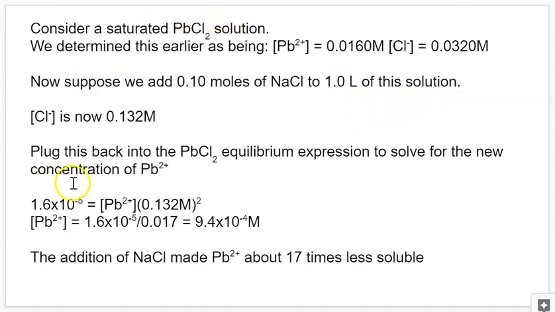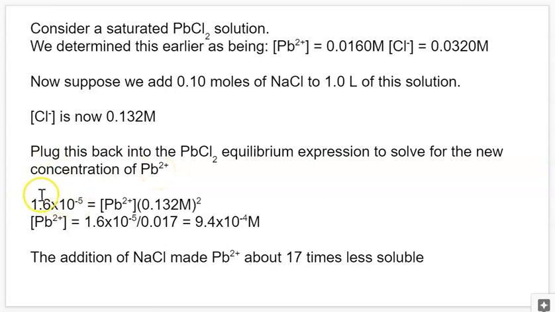That's going to increase the chloride concentration to 0.132 molar, since the amount of moles of chloride were increased by 0.1. Now we can figure out what's going to happen to the lead by plugging this new chloride ion concentration back into the solubility equilibrium expression for the lead 2 chloride and solve for a new concentration of lead 2 plus.